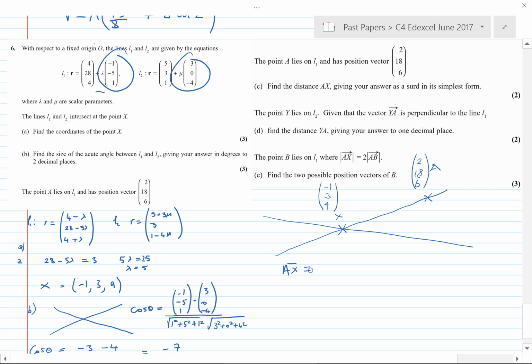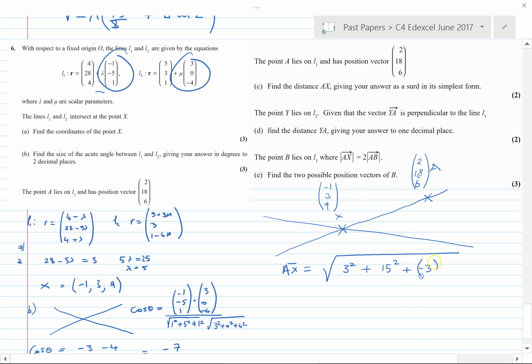Well, we can just use Pythagoras' theorem for that, or 3D Pythagoras. It's the difference between the coordinates squared and added and then square rooted. So the difference between 2 and -1 is 3, squared. The difference between 18 and 3 is 15, square that. The difference between 6 and 9 is -3.